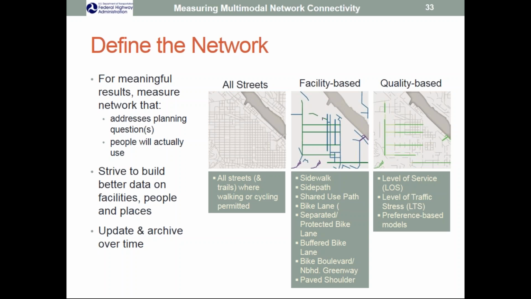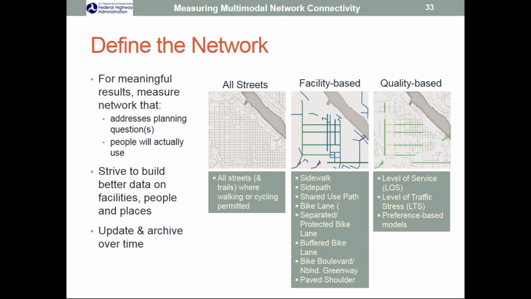And as Hannah already alluded to, the core of any connectivity analysis is your network of streets and how they connect to one another. And defining the network is just pivotal to getting the analysis to provide the answers and the information that you need. And we divided this into basically 3 categories of ways that research and practice have been defining networks.